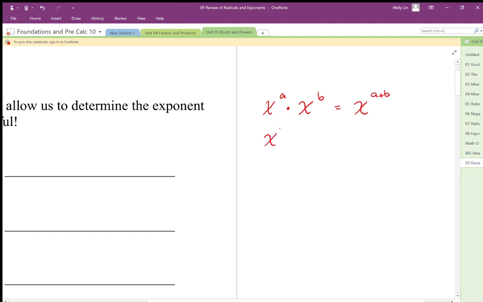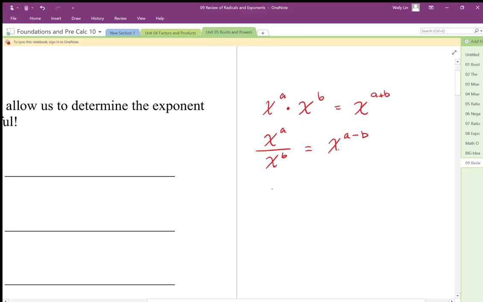If we divide exponents of the same base, and again the bases have to match, we can take away the division from the multiplication and subtract the exponents.